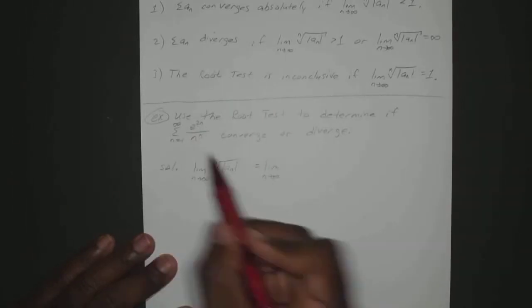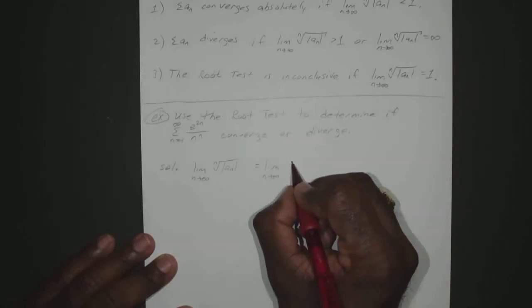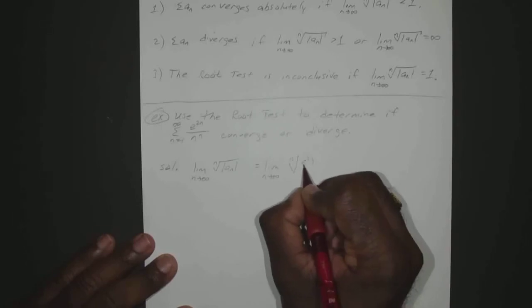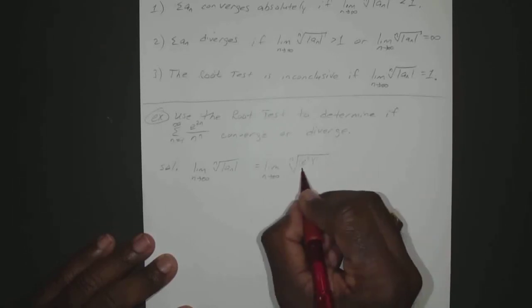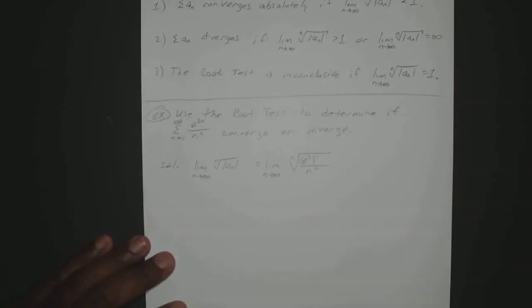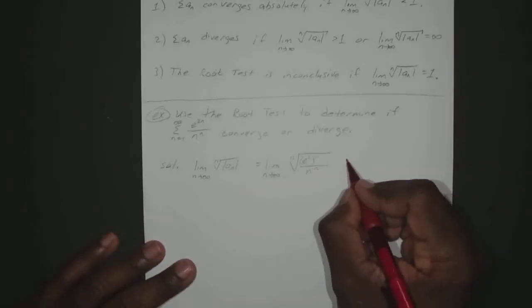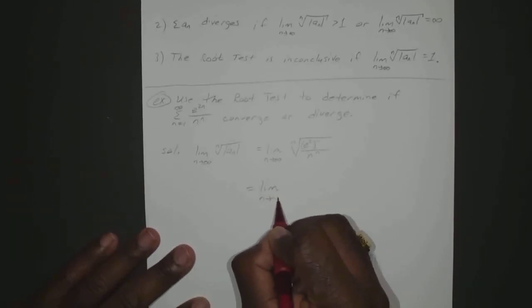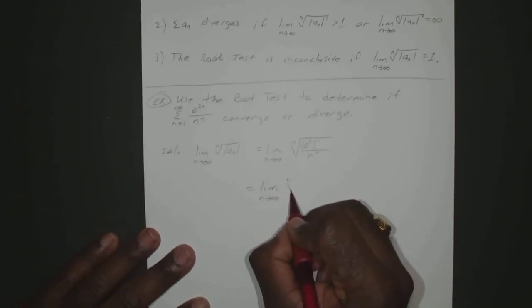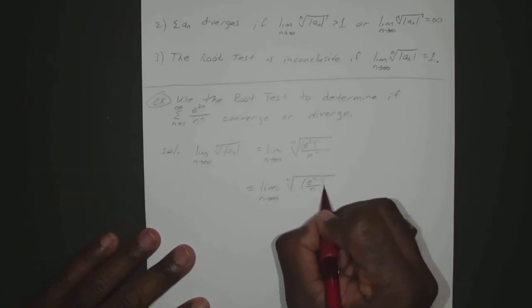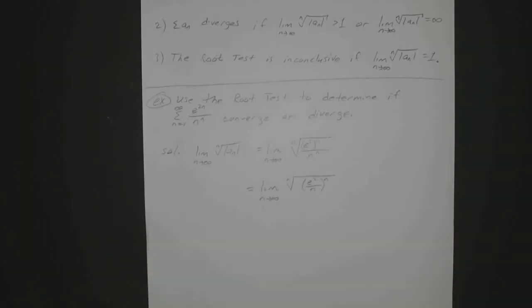Remember, e to the 2n power, that's just e squared to the nth power over n to the nth power. Okay. So if you wanted to, you could rewrite it, but you don't have to. We'll just say the limit as n approaches infinity of the nth root of e squared over n to the nth power.